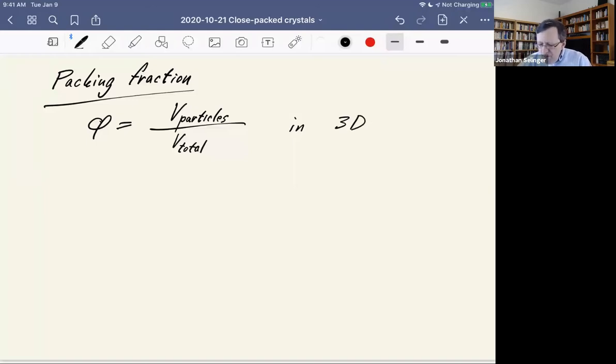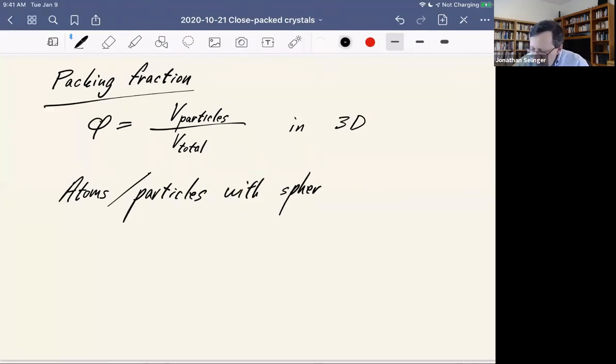And so we imagine that if we have atoms or other particles with spherically symmetric interactions, that is, non-directional interactions, then we are likely to get a crystal with a high packing fraction.